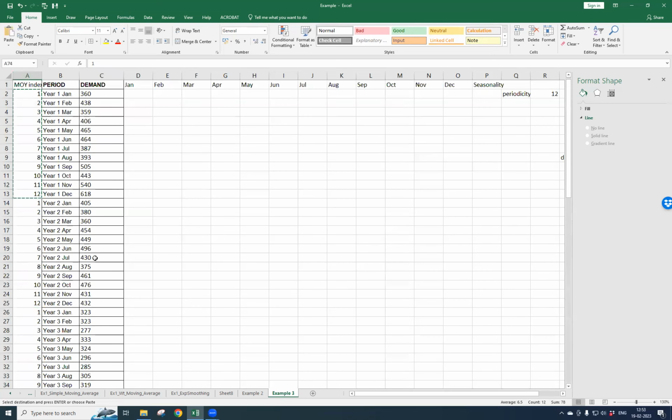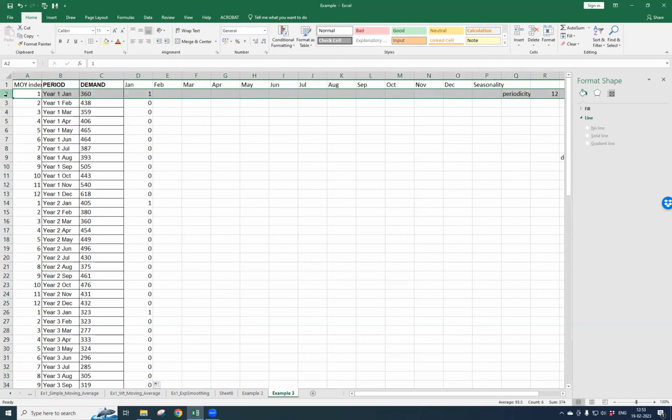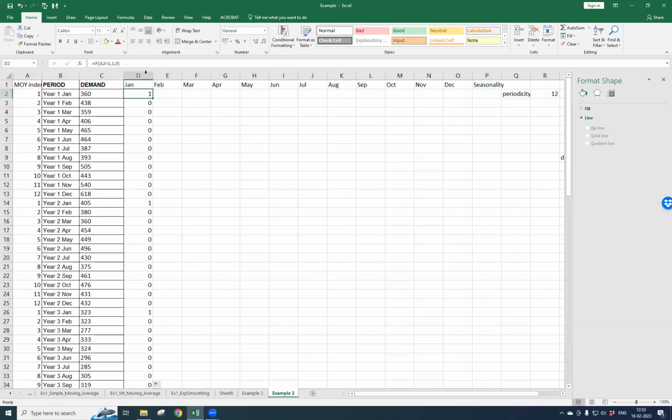Now, how do I represent whether this is Jan or not? If this particular value happens to be 1, then I will say this is 1, if not 0. And if I just drag this formula, you will see that only when this particular row corresponds to January, the value in this particular column happens to be 1.